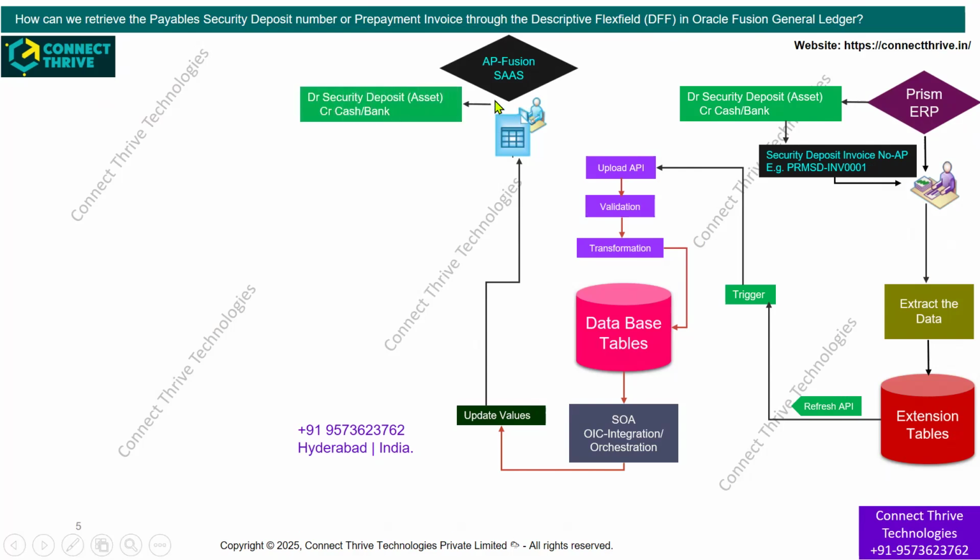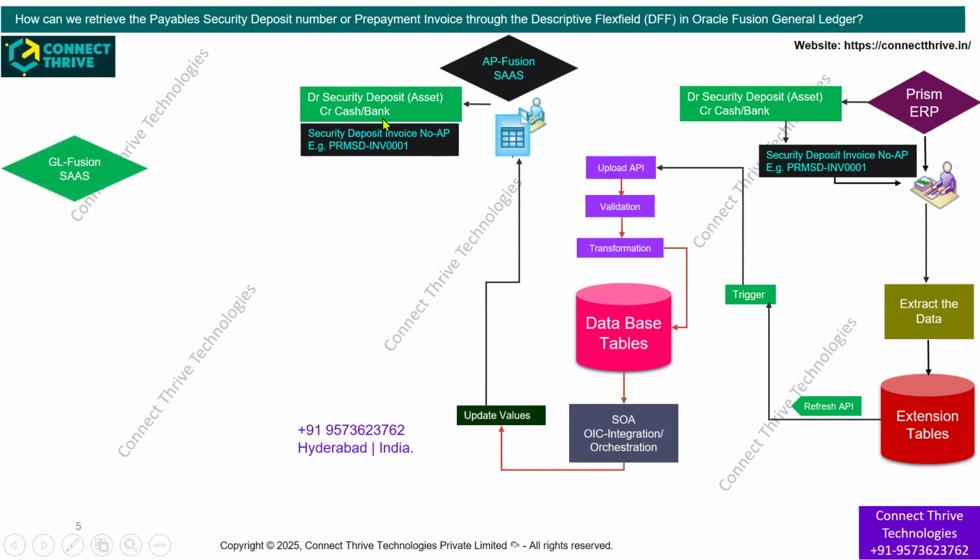Here they will make the payment to the respective supplier. The same entry which we created in Prism ERP will flow here along with our security deposit invoice number or prepayment invoice number. Once the invoice comes here, we will make the payment, and everything will be done.